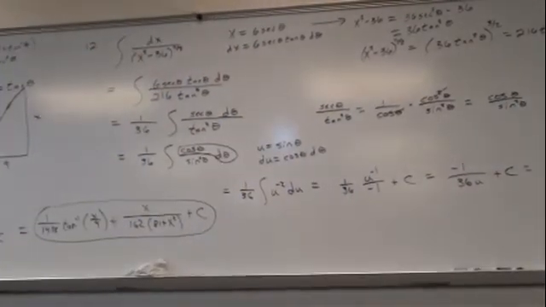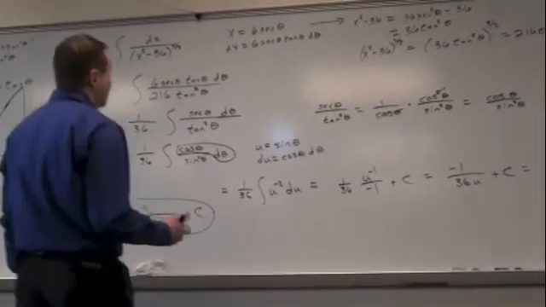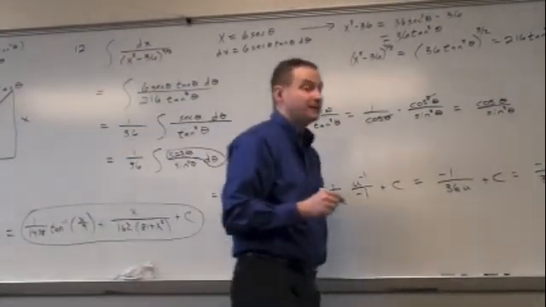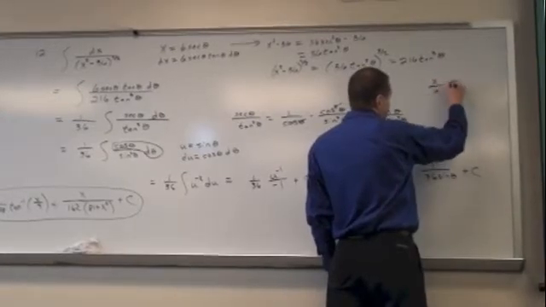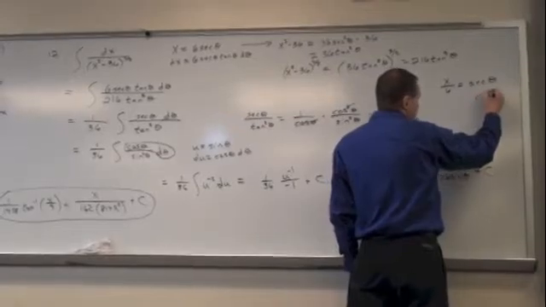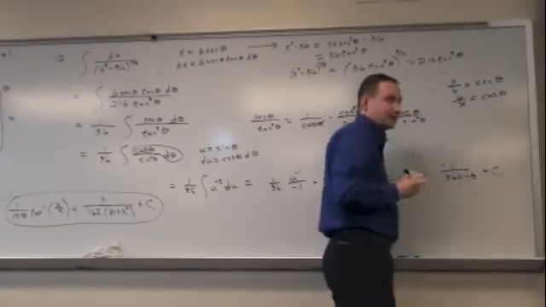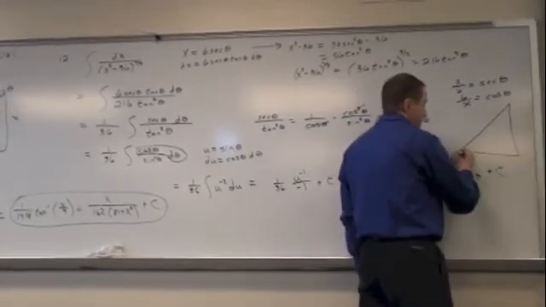But now you're saying, well, you can't leave your answer in terms of theta. Of course not. So I go back up here and I say, I need a trig triangle. x is equal to 6 secant of theta. So x over 6 is the secant of theta, which means the cosine of theta is the reciprocal, 6 over x. I'll draw my trig triangle here.